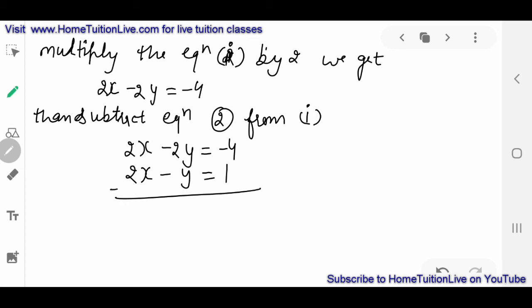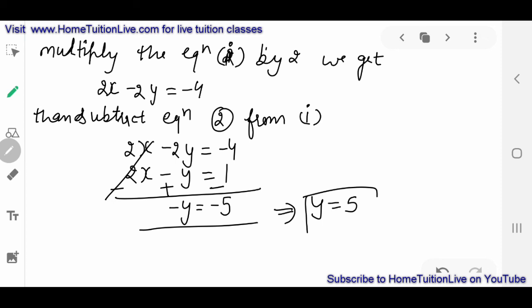Now we will subtract this. This is minus 2y plus y, which is minus y, equals minus 5. It means y is equal to 5.